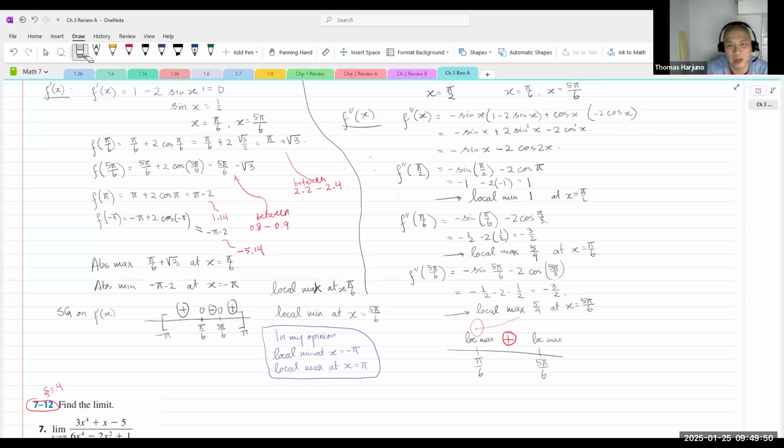Until I say, oh yeah, pi as another critical number is in between, and we know that's a local minimum. So the slope is zero here, and it's positive, negative, like this.